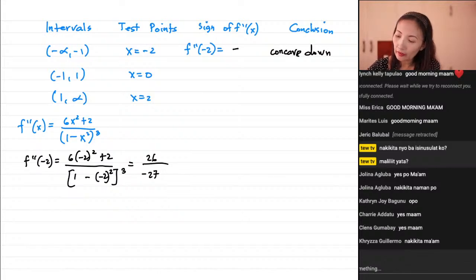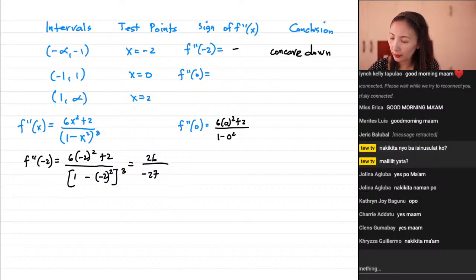How about f prime prime of 0? It will be 6 times 0 squared plus 2 all over 1 minus 0 squared raised to the third power, 2 over 1, positive. So this one is positive, and so this one is concave up.